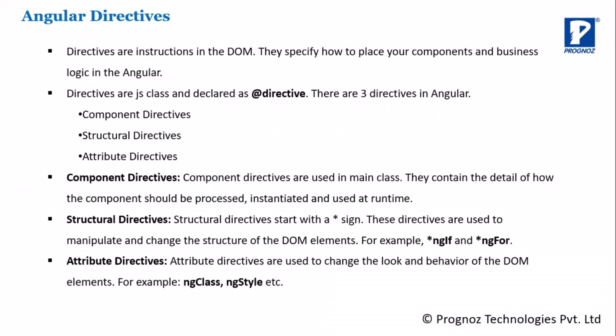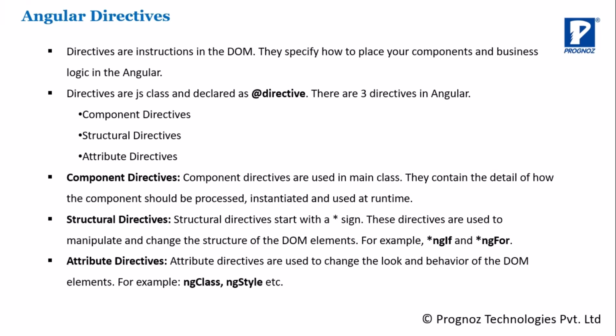Directives always give instructions to the DOM, where we define different types of elements, how to place your component or your business logic in the application. That's why we use directives. The types are component, structural and attribute directives.